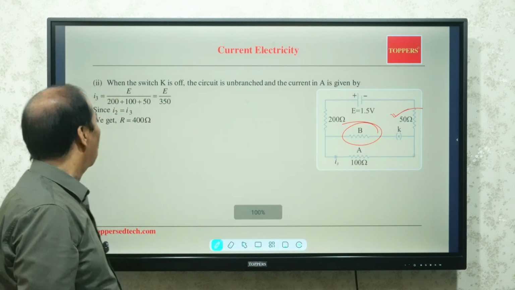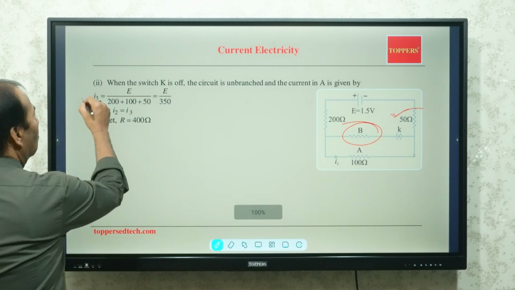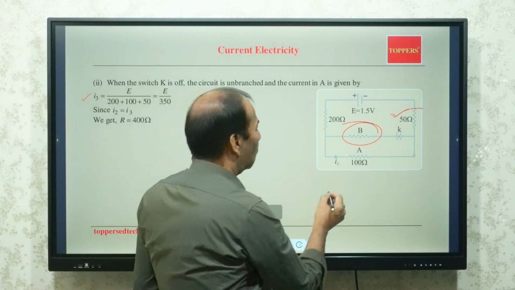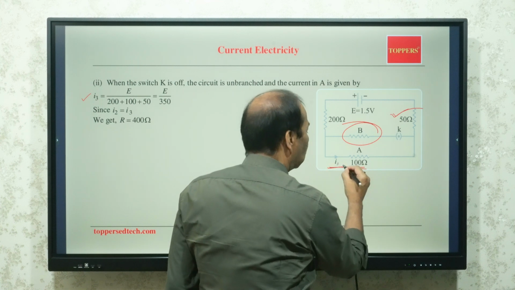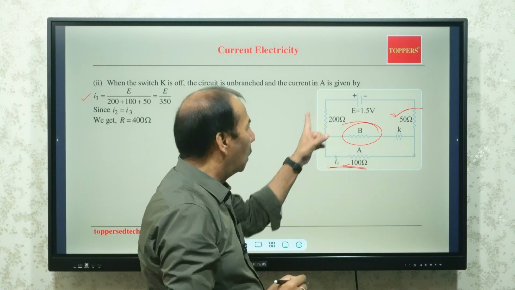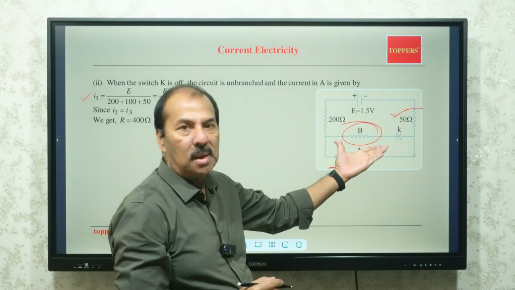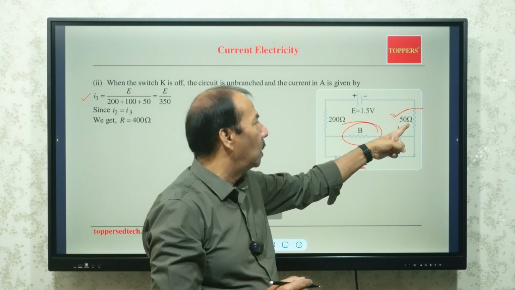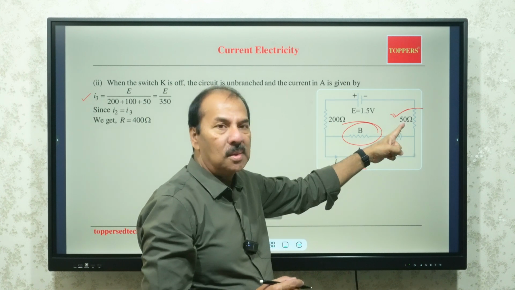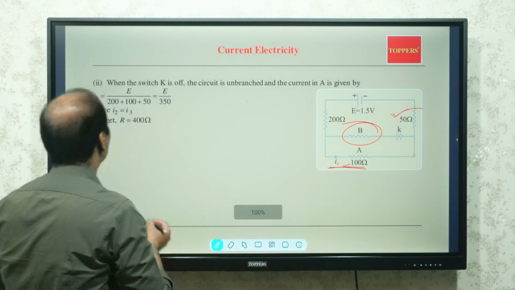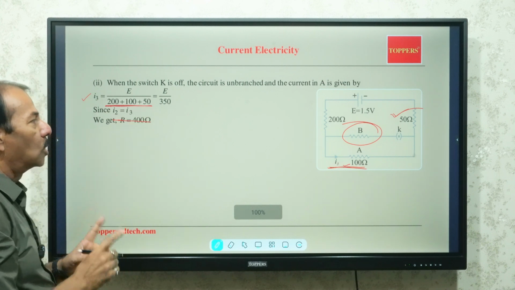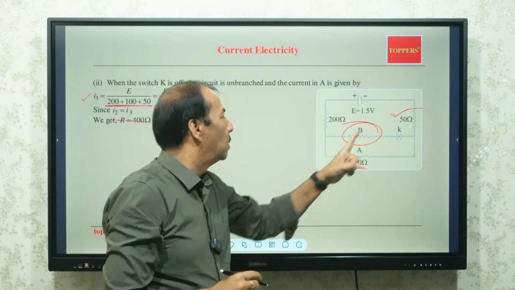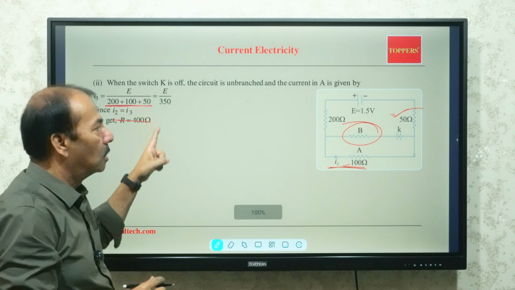In this situation, let us say the current I3 is passing through this 100 ohm. We can easily simplify this: the current is E upon the equivalent resistance, because all these resistances are connected in series, so the equivalent is 200 plus 50 plus 100.